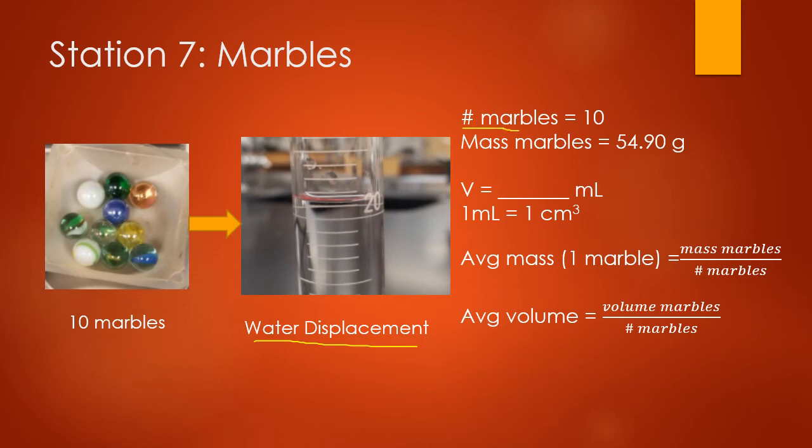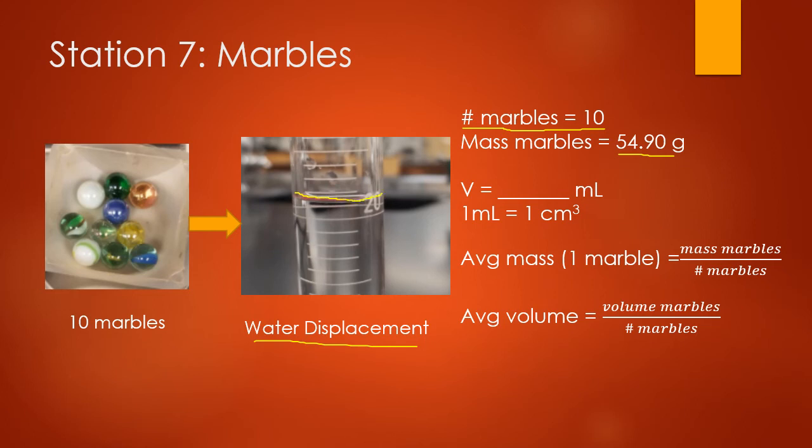You can count in the picture, but I also give it to you off to the right. There are 10 marbles. I also took the mass of those marbles. They were 54.90 grams.